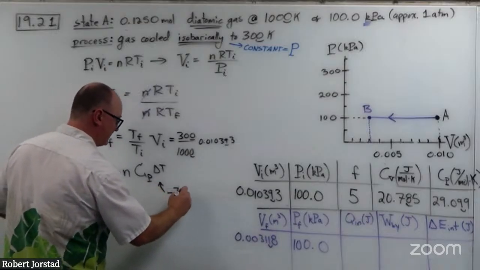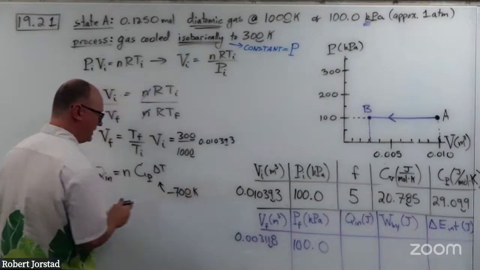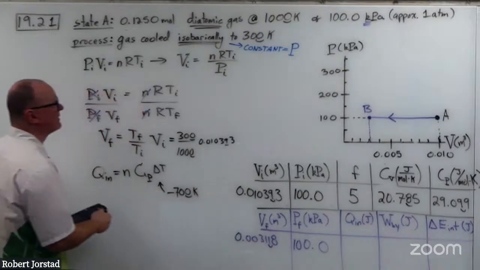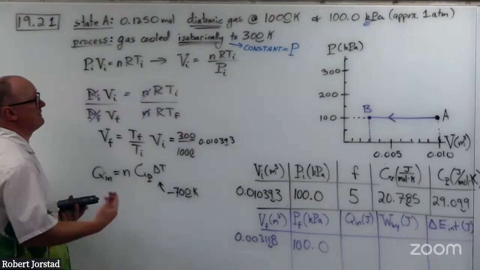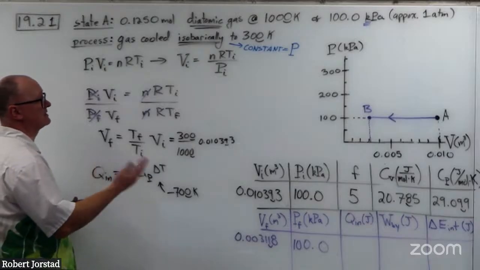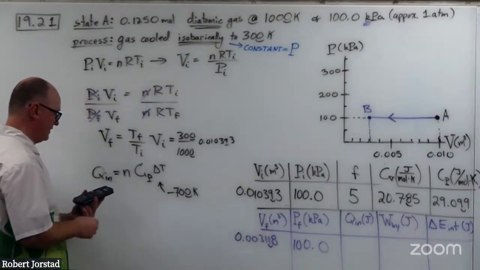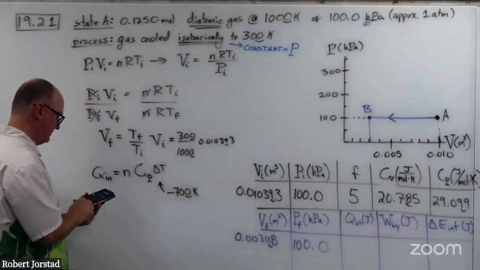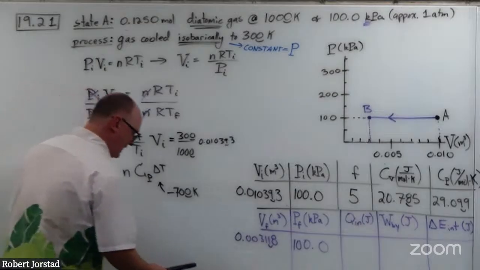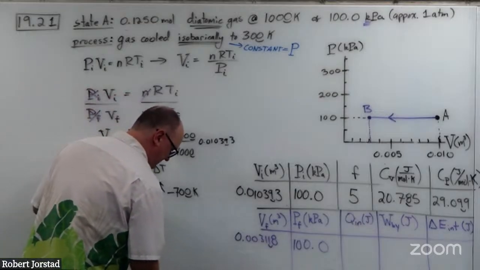Negative 700 Kelvin, 3 sig figs. We're going from 1,000 down to 300. T final 300 minus T initial 1,000 gives negative 700. So times negative 700, I got negative 2546.